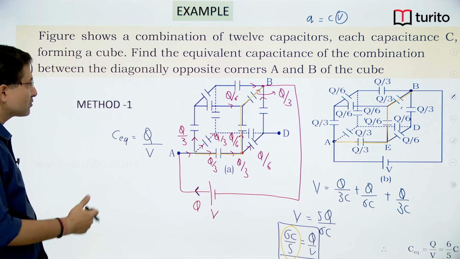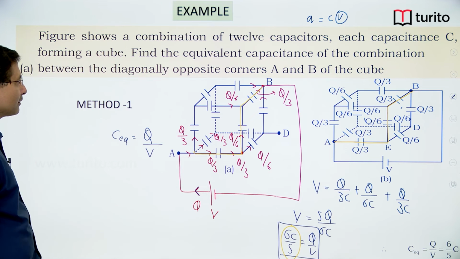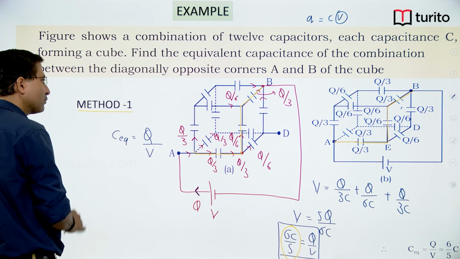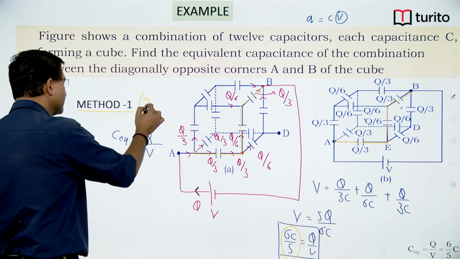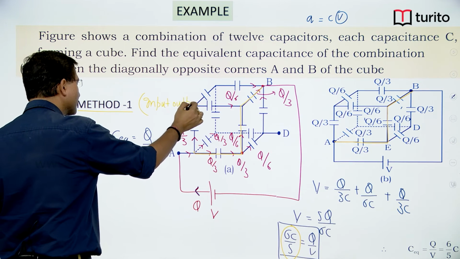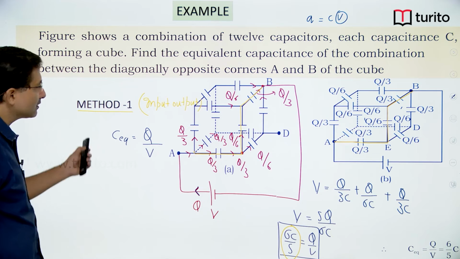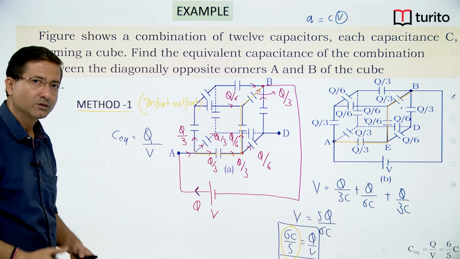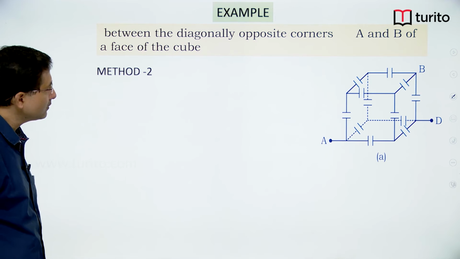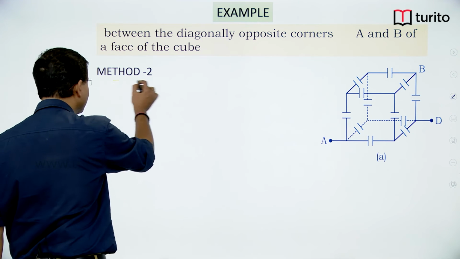So, I can solve this problem by that method also. Let us see it by method 2. Method 1 we have discussed, where I used input output symmetry. Now, method 2 uses folding symmetry.